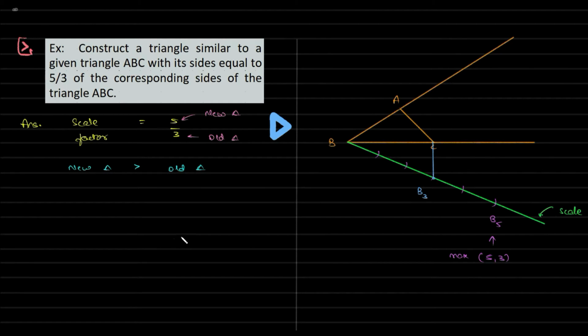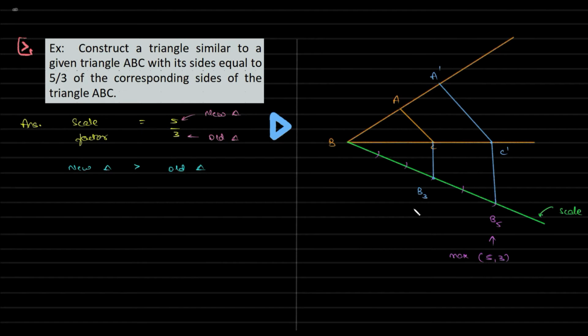So this is what you have to do. And now from B5 you need to draw a line parallel to the old line touching BC's extension at C dash, and from C dash draw a line parallel to AC touching extended line of BA at A dash. And this is your new triangle which is bigger than the old triangle.